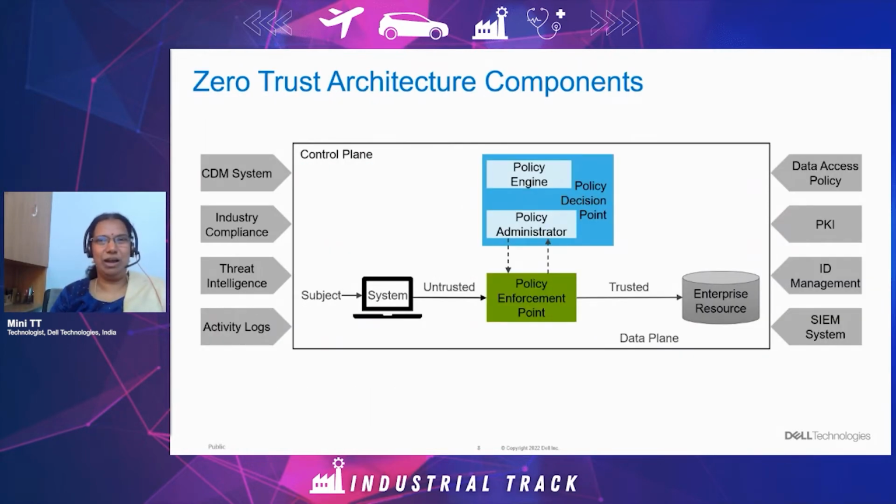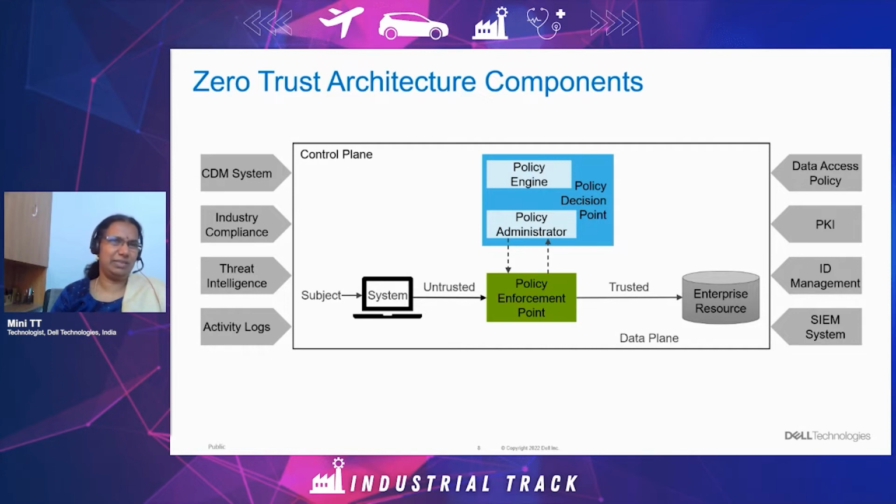So let us look at how these components look in a zero trust architecture. If we see from this diagram, you are seeing it from a network point of view. You apply all your continuous diagnostics and mitigation information, all your compliance standards, threat intelligence, the information derived from the logs, or the PKI, data access policies, all of that.